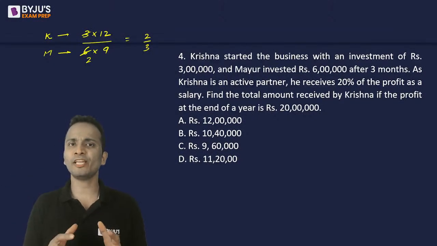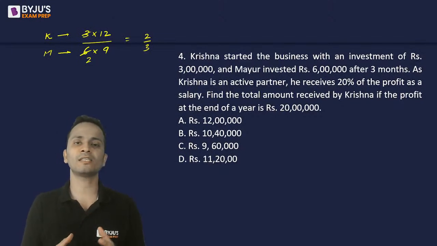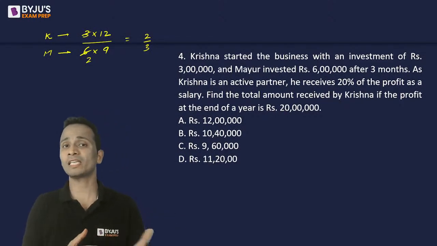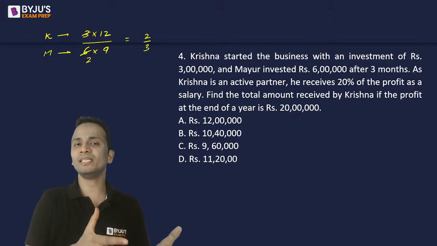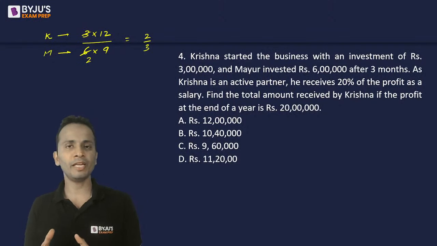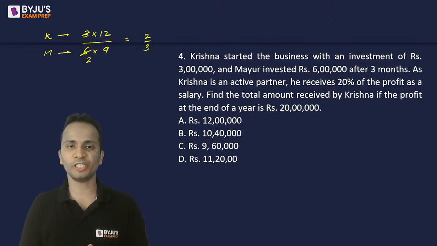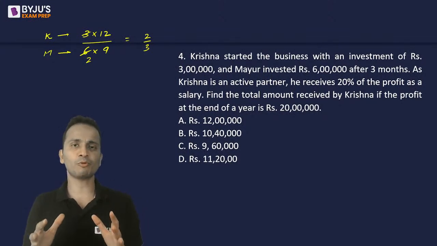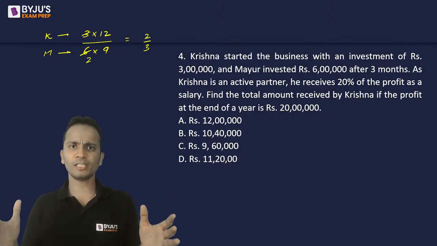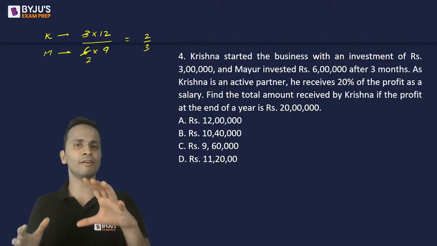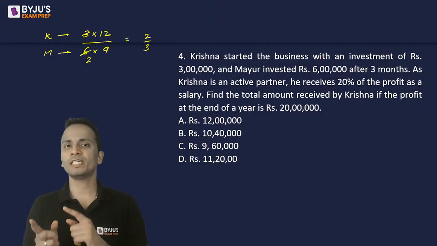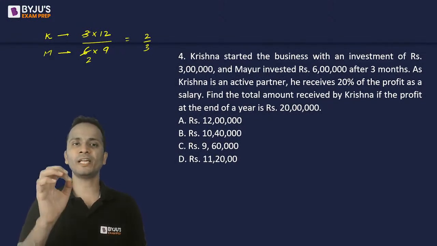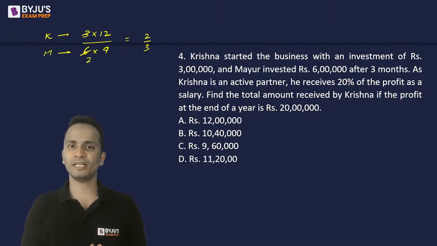But in case any of the partners is working as a working partner or active partner, first of all, from the total profit, the salary is given, and then the remaining profit will be divided in this ratio. So this is the process. Whatever the total profit is, first of all, salaries are given from that profit, and then whatever is the leftover profit will again be divided in the ratio we have calculated here.